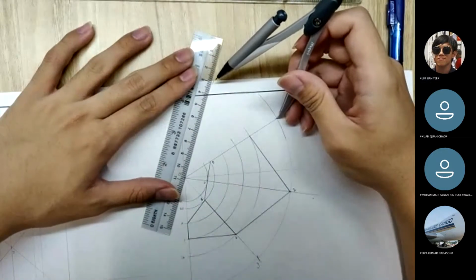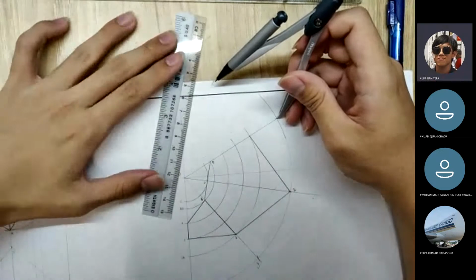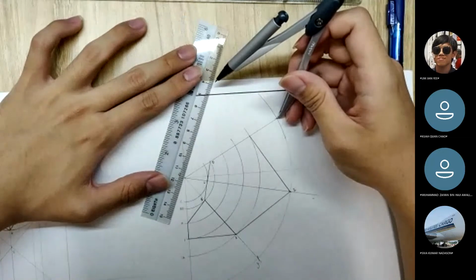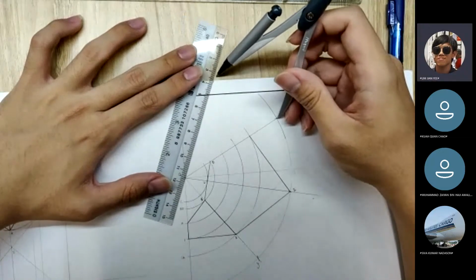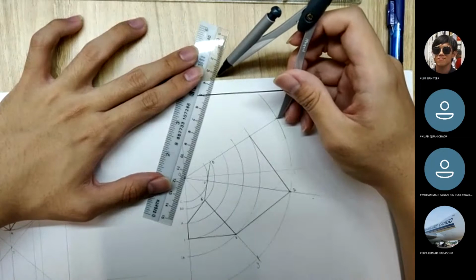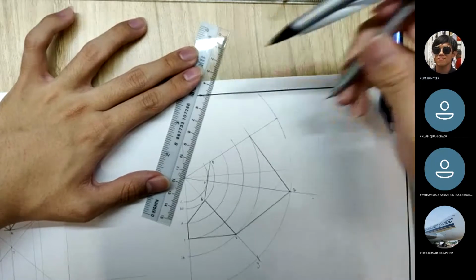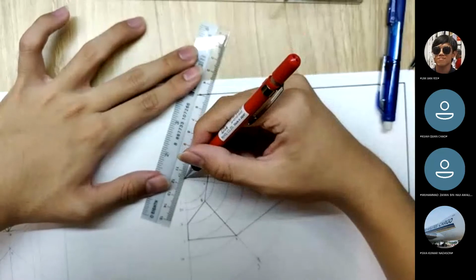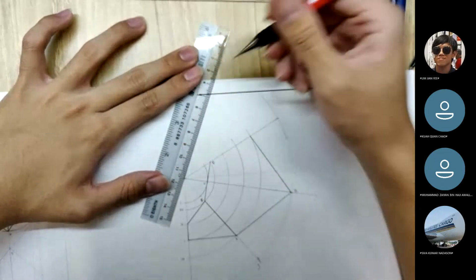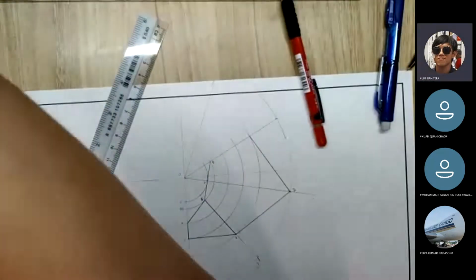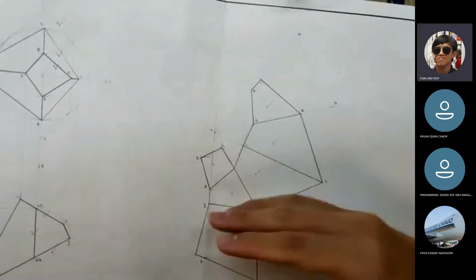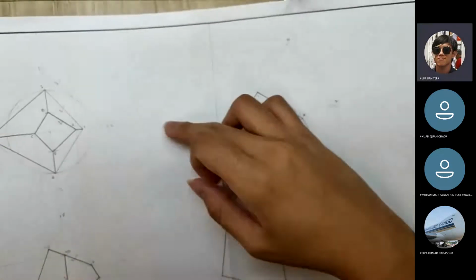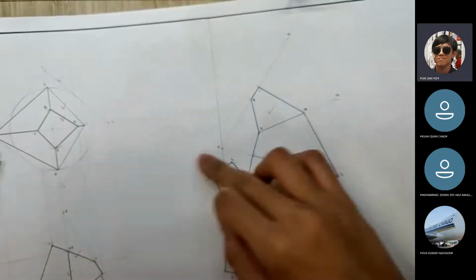I think I drew it too high, but should be around here. So for a real one, do draw it lower. Don't draw from, take from this line, take from this line.